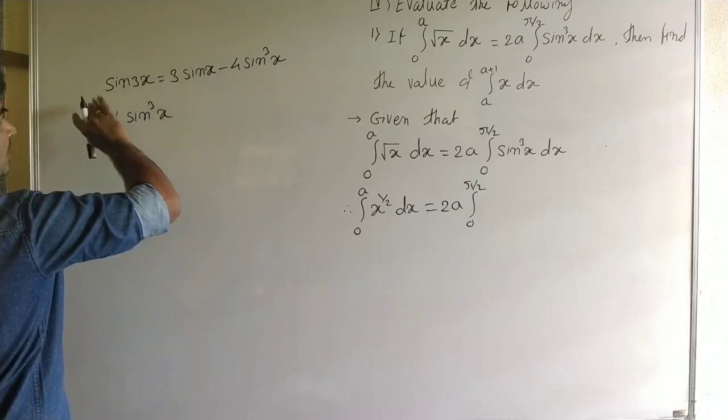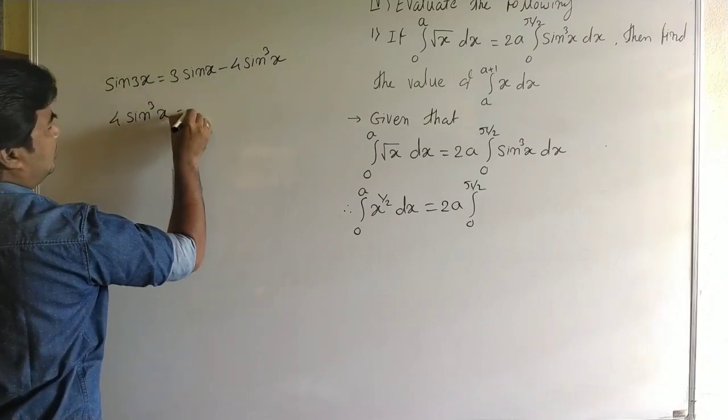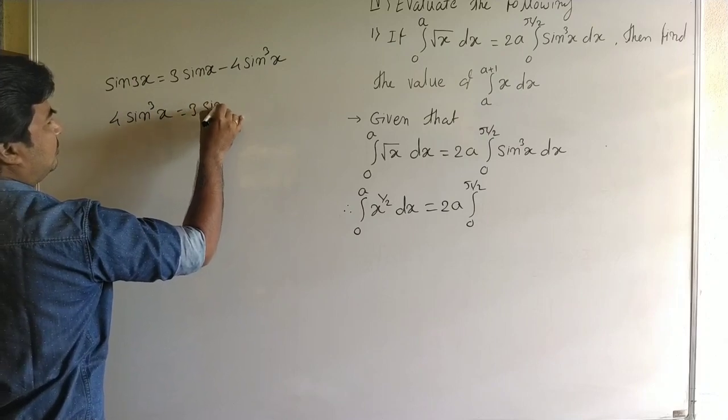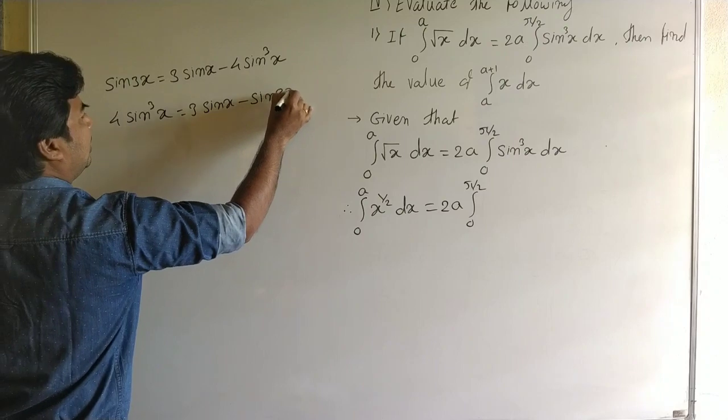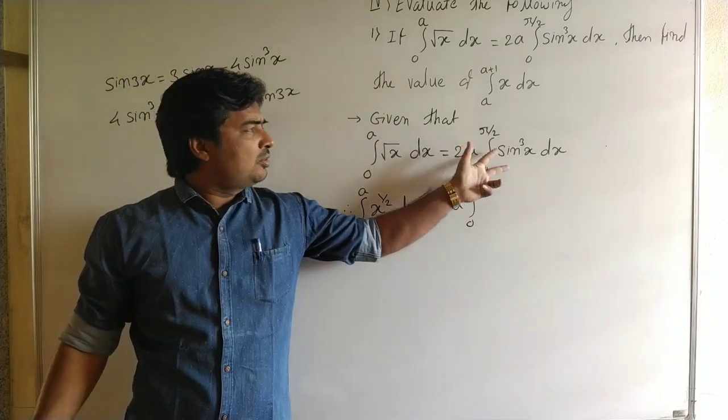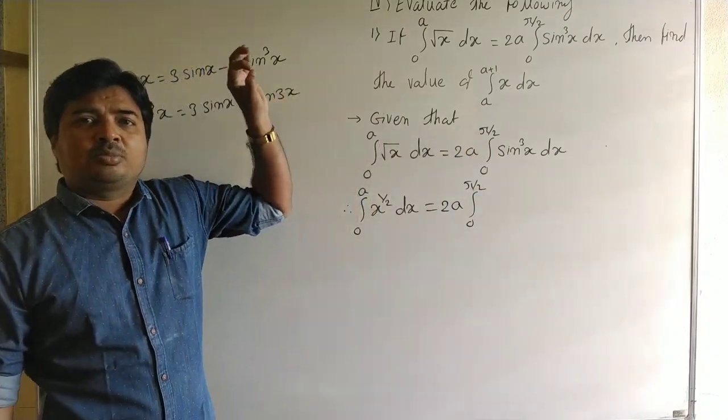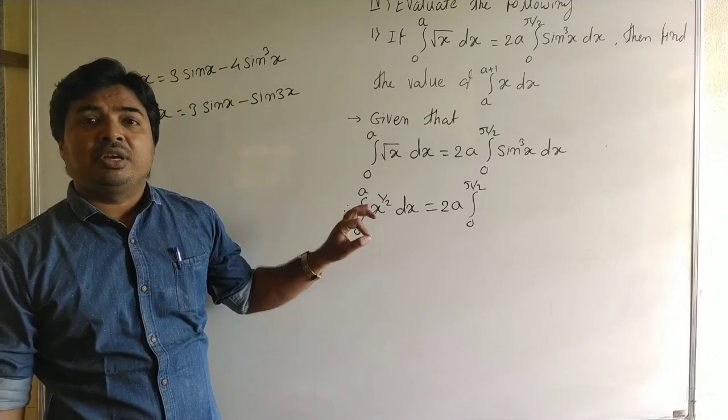Therefore, taking 4 sine cube x on the LHS and sine 3x on the RHS, we get 3 sine x minus sine 3x. Such types of examples we have already learned in our last chapter, indefinite integral.